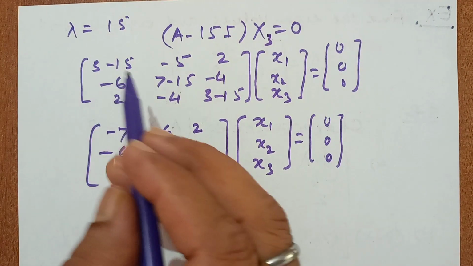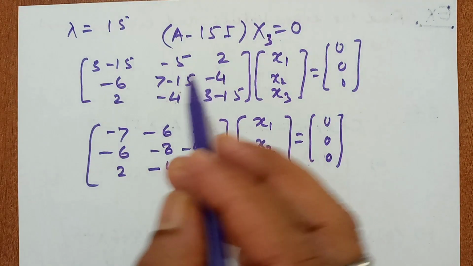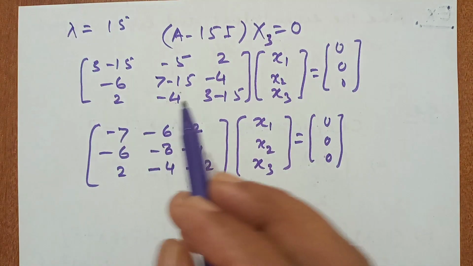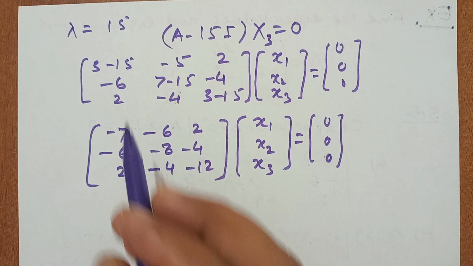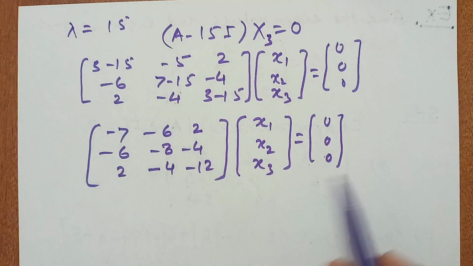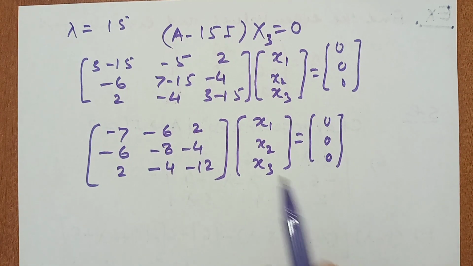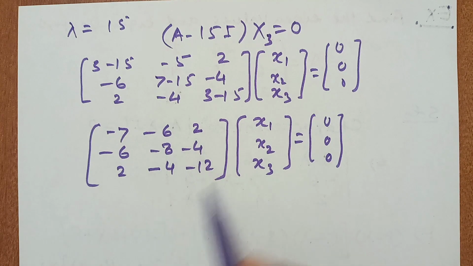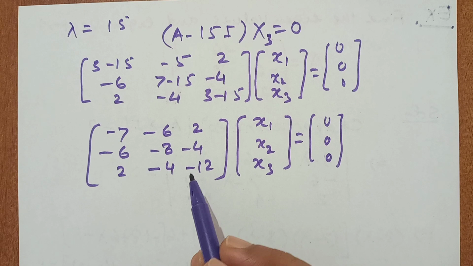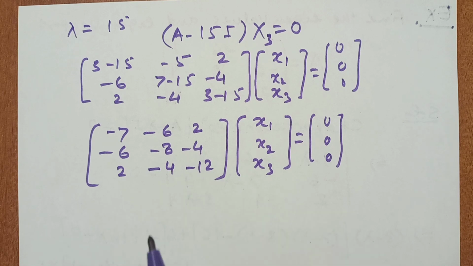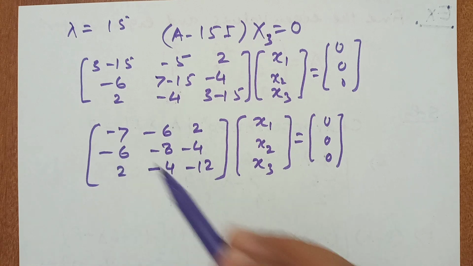By putting lambda equal to 15 we get this type of equation, and it is very easy to solve. Now our aim is to calculate the rank of this matrix by a similar method, using only row operations to make all the elements below the diagonal 0.